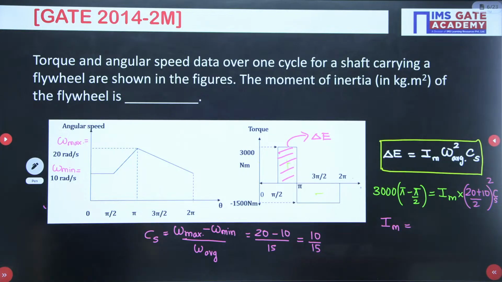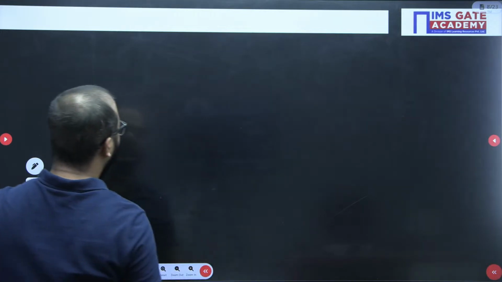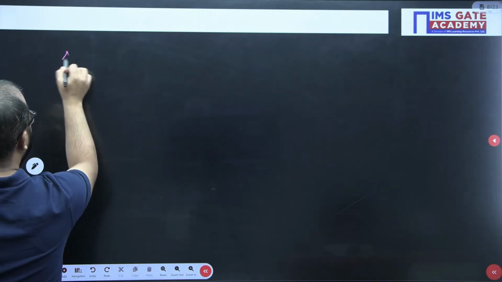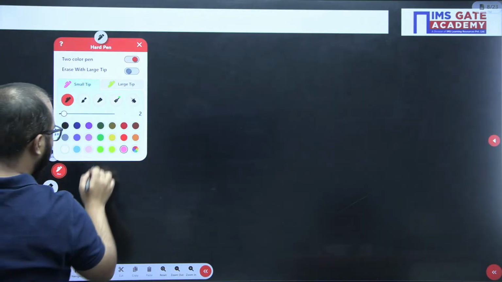Right, another way of approaching this particular problem, see everyone, another way how we can solve this one is this delta E value. How to write this delta E value?